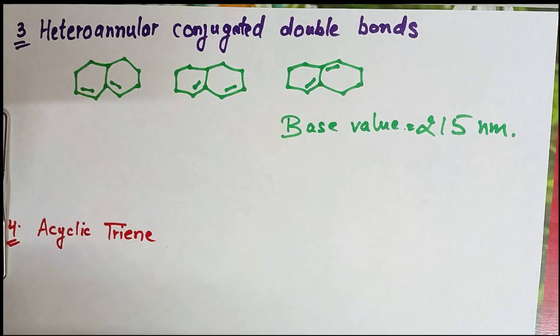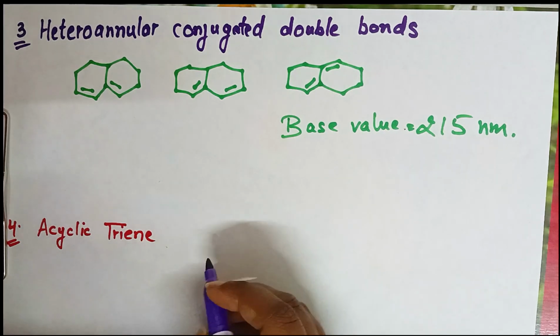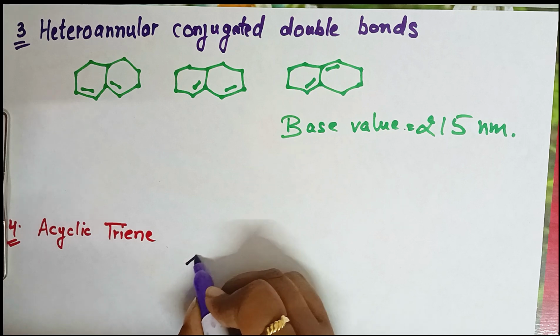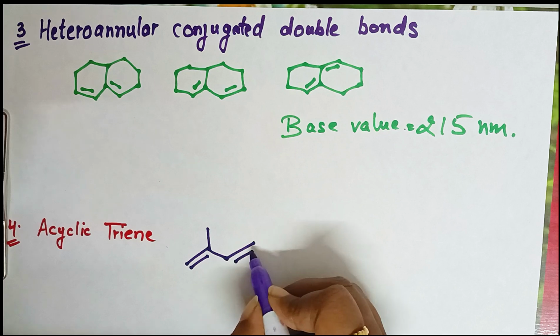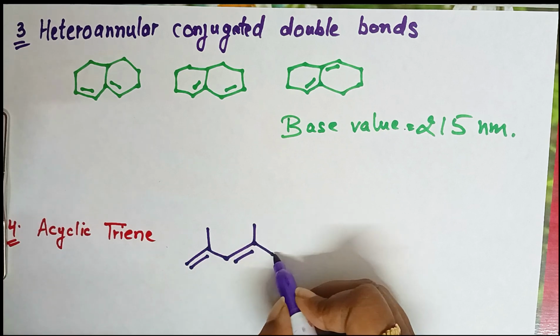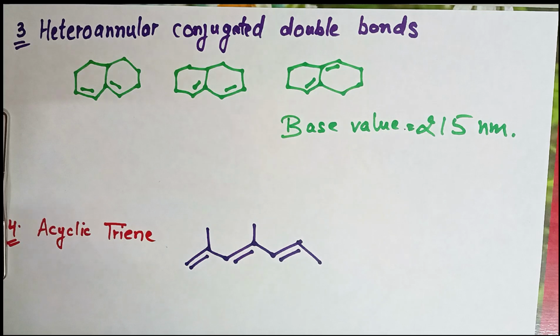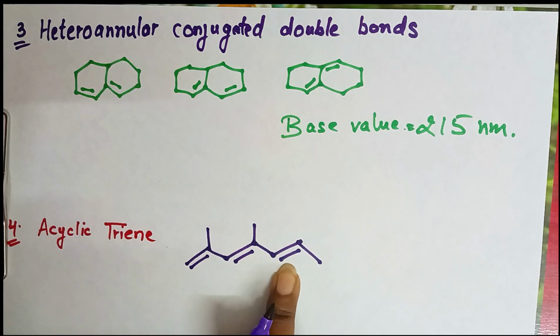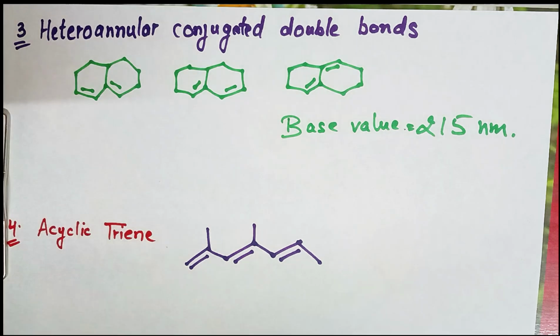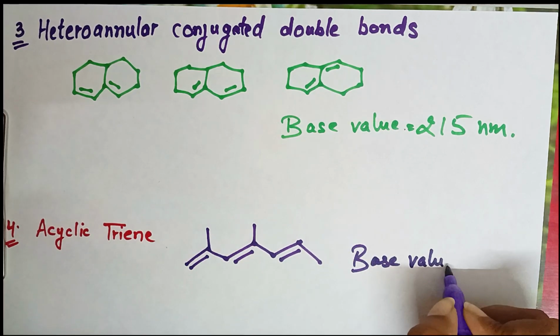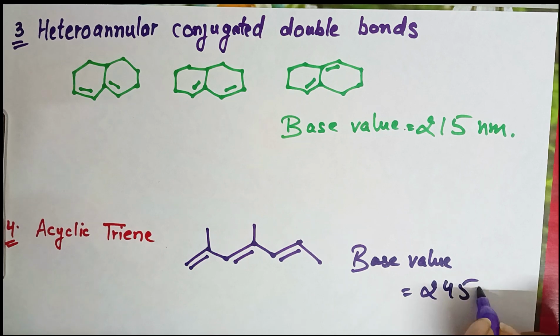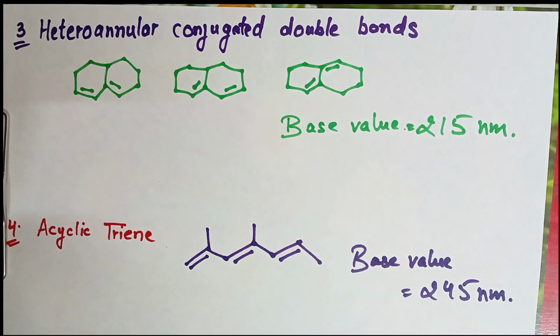Now next is the case of acyclic triene. This could be one of the examples of acyclic triene, right? Three conjugated double bonds are present here and the system is not cyclic. So here the base value is going to be 245 nanometers.